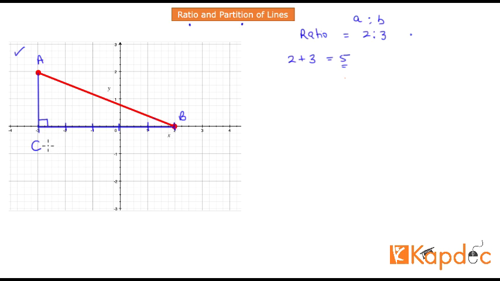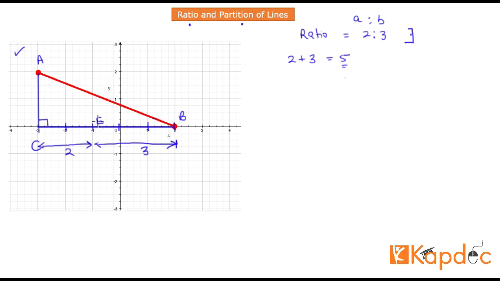Then I count how many of those divisions equal 2 units, and the remainder of this base BC will be 3 units. That means as our step 1, you have used this ratio to divide the line segment BC into the parts 2:3. Let's say that E is the point which divides the base BC into 2:3.